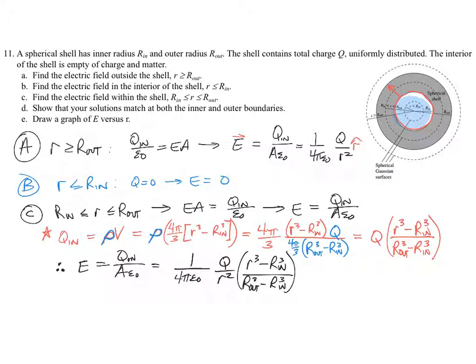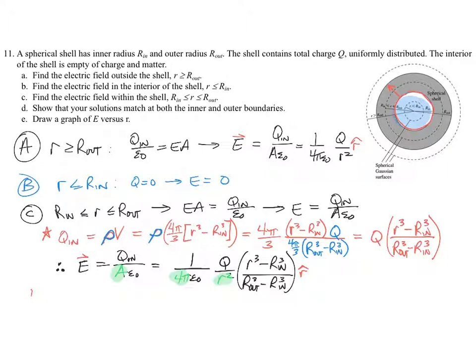So just to be clear, I guess, area was this 4 pi r squared business, just so we're clear on that. And if this is a vector, then as usual, we would have that going for us in that regard. So that's our expression for the electric field when r is sandwiched somewhere inside of the actual material itself. All right.